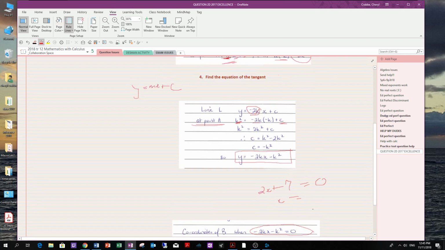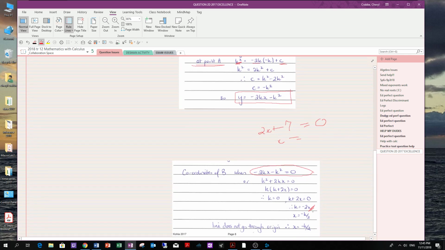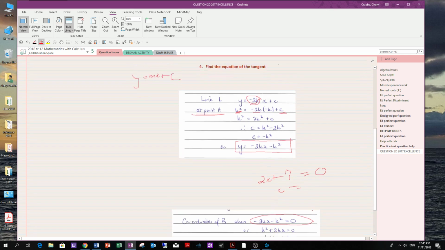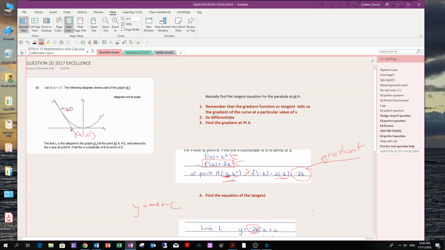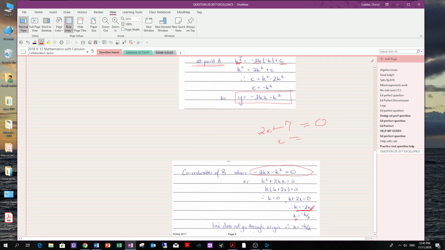Now, they want you to find the x-coordinate of B in terms of k, so it's not good enough to say k is equal to negative 2x. You can't stop there. In terms of k means x equals. So we just rearrange this and we get negative k over 2.